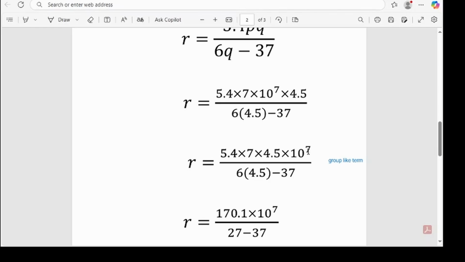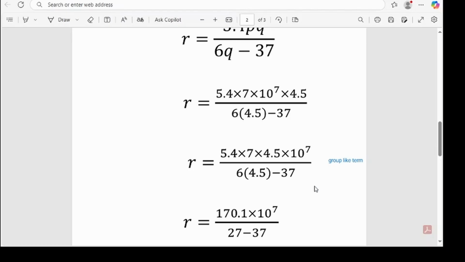In a fraction we have numerator and denominator, okay? The denominator is the value beneath the fraction. So here the numerator is 5.4 multiplying 7 times 4.5 times 10 raised to the power 7.